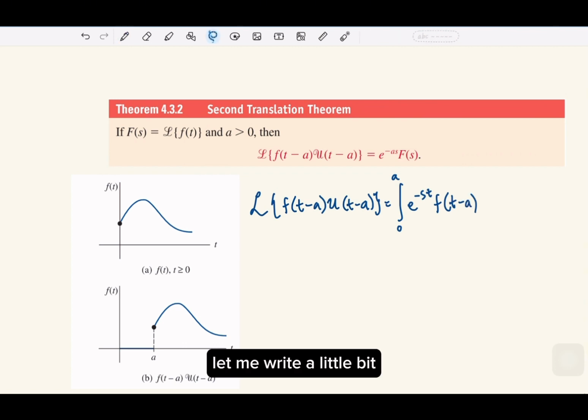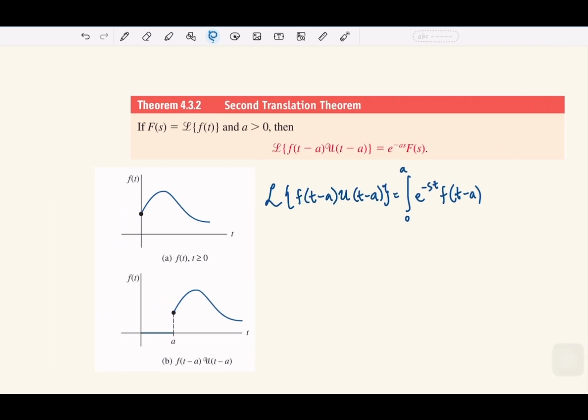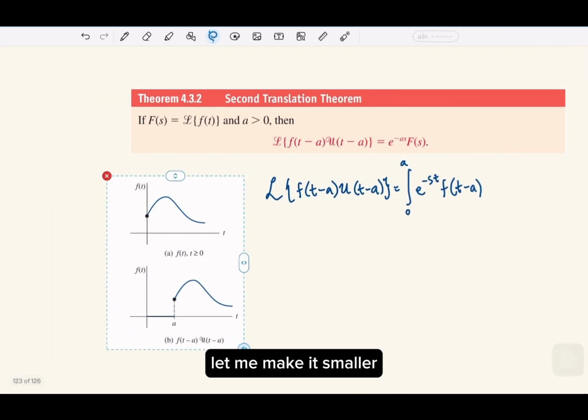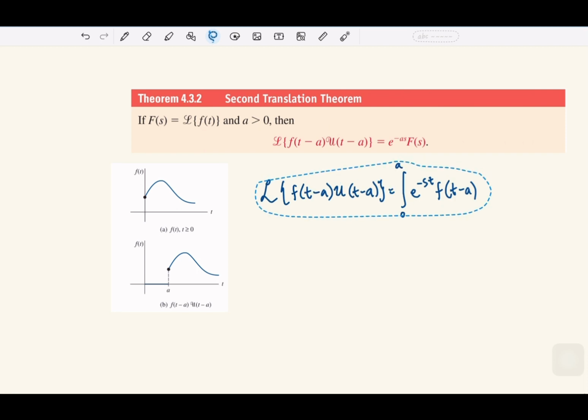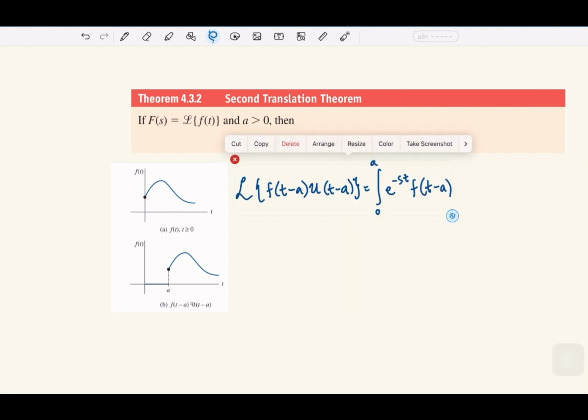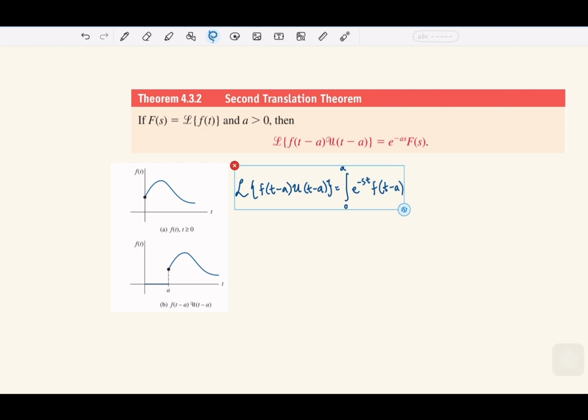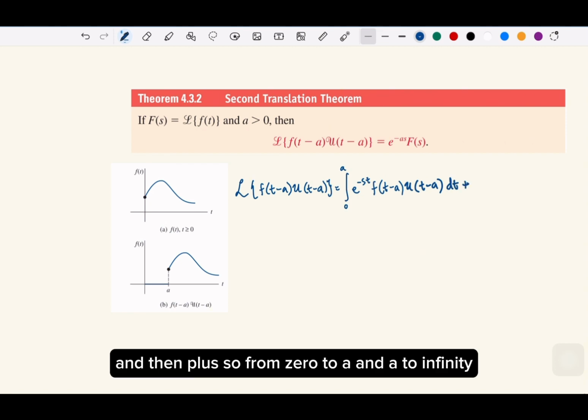Let me write a little bit, let me make it smaller. And then plus, so from 0 to a and a to infinity.